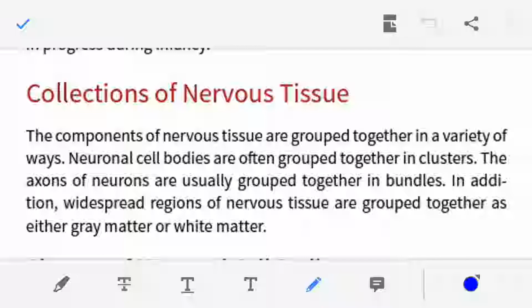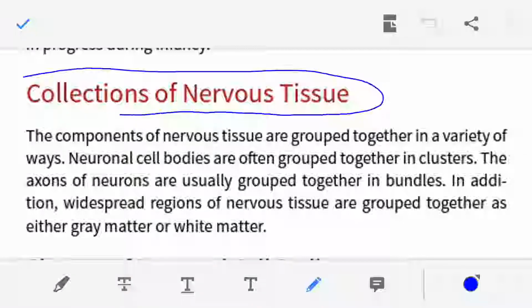I welcome you to the presentation lecture on collections of nervous tissue. Now, what is the meaning of this, collections of nervous tissue? In this lecture, we are going to discuss the components of nervous tissue, what the nervous tissue is made up of, and which components are present in it.